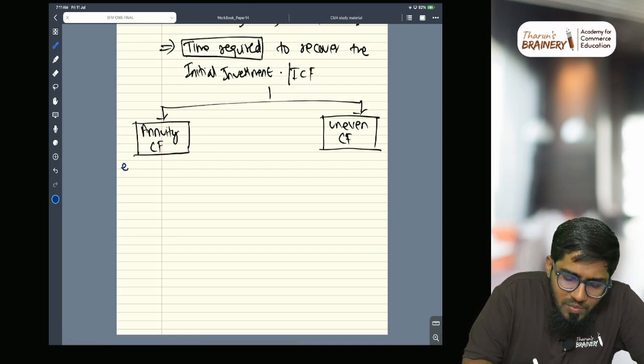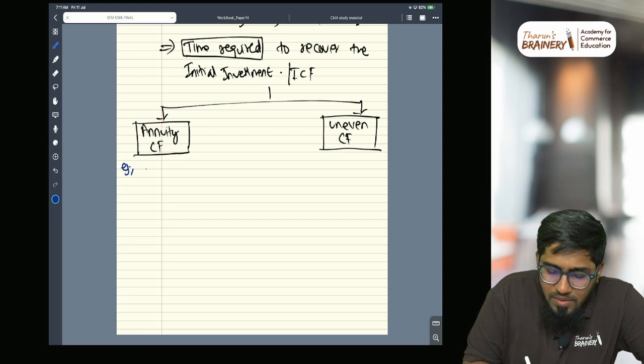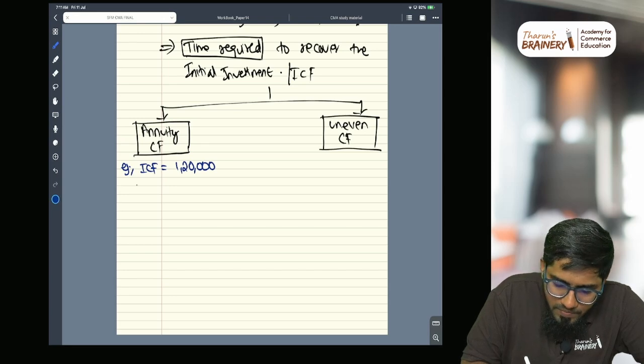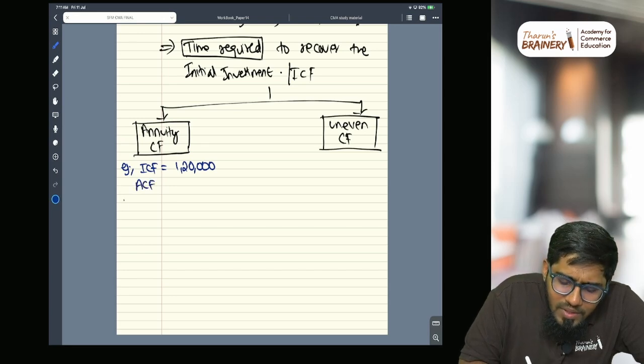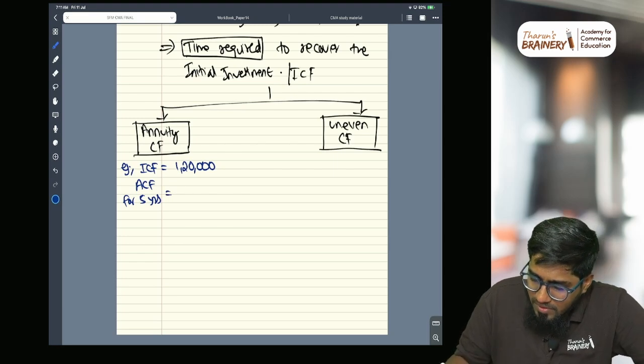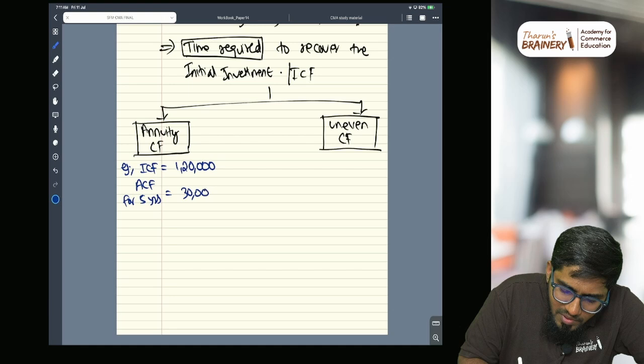Let me give you an example. Initial cash flow is equal to 1,20,000. Annual cash flows for 5 years is equal to 30,000.